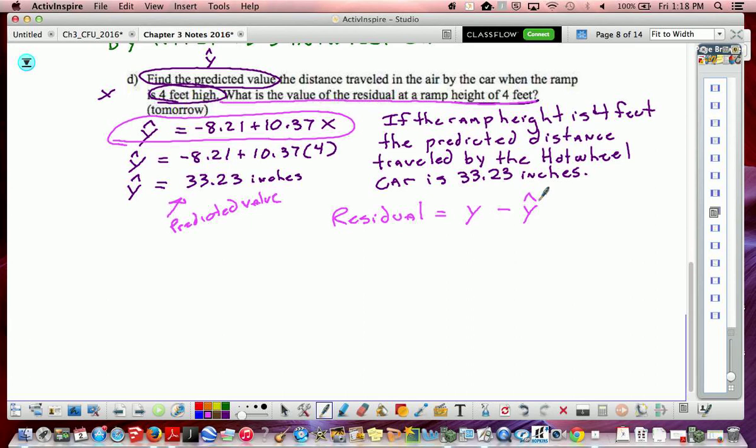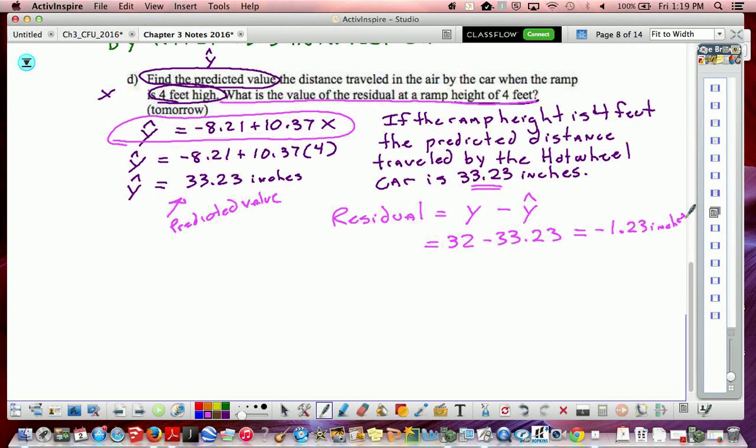Our observed value, coming right from the table up top, was 32. Our predicted value, what we got from our equation, was 33.23. When we subtract them, we get negative 1.23 inches. Our units still stay what our y value represents. This is the distance that it jumped.